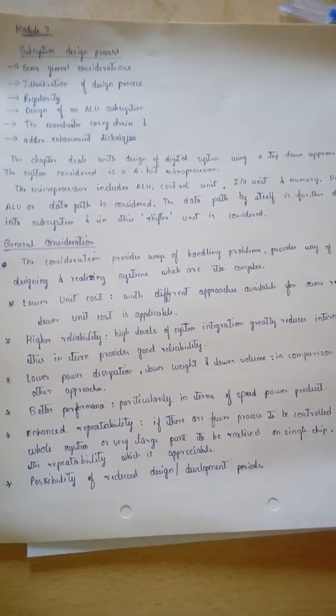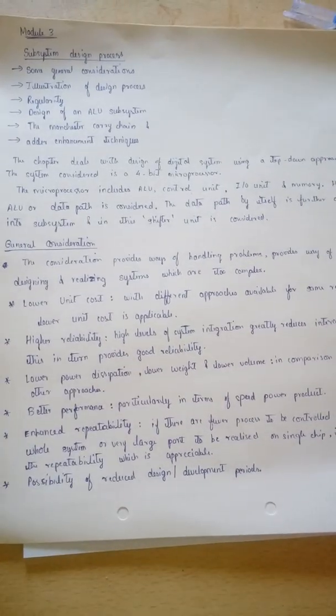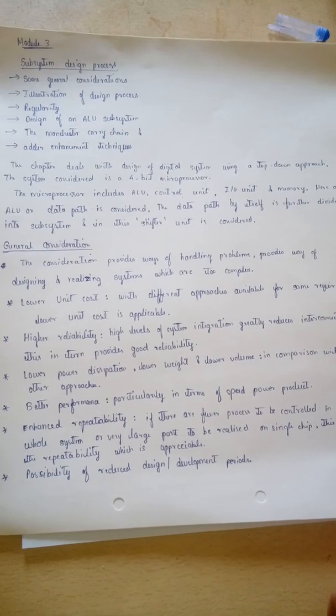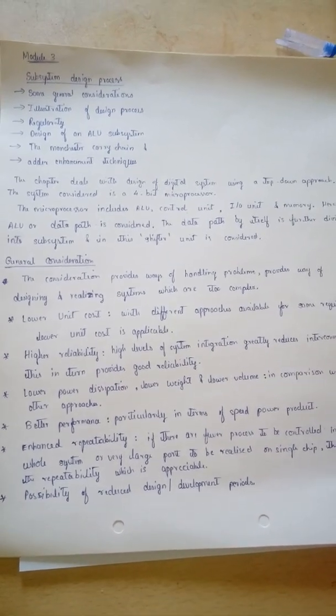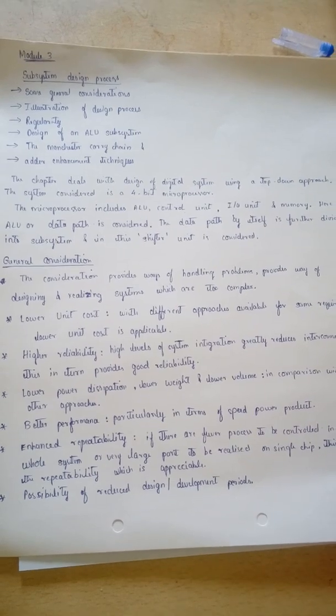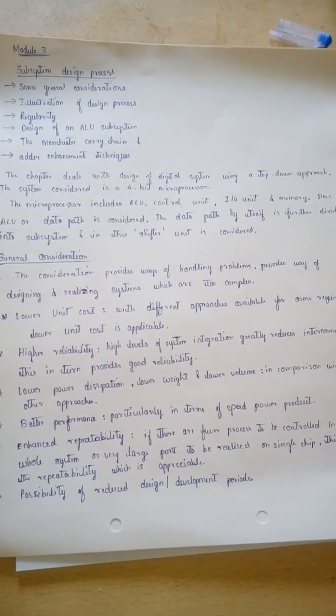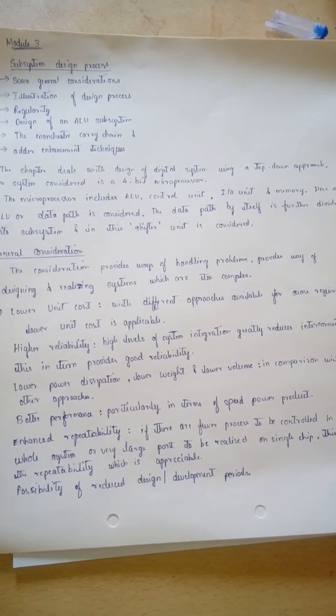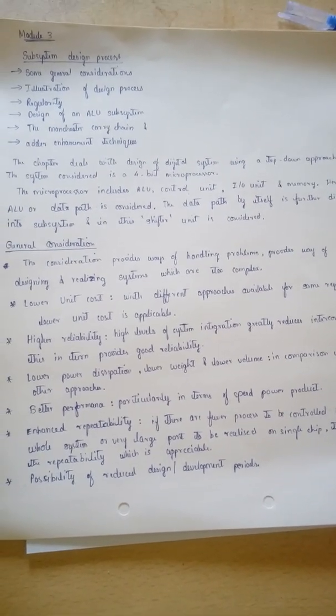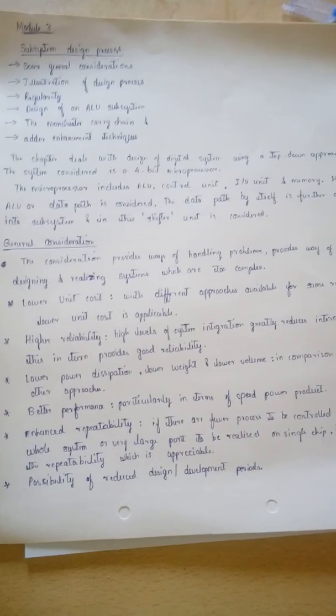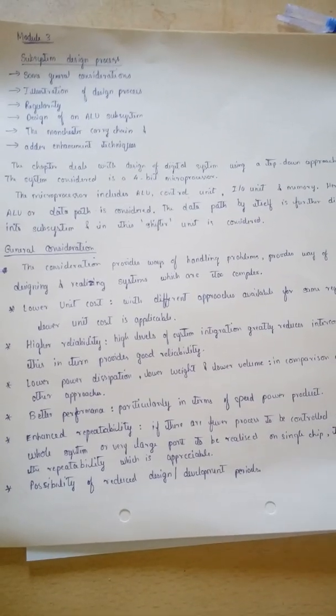If it consumes more area, it will not be a good one. The idea is that the area should be as compact as possible, the cost should be low, and the timing should also be as short as possible. In minimum time, it should be able to do all the computations possible. And for power, there should be low power dissipation.